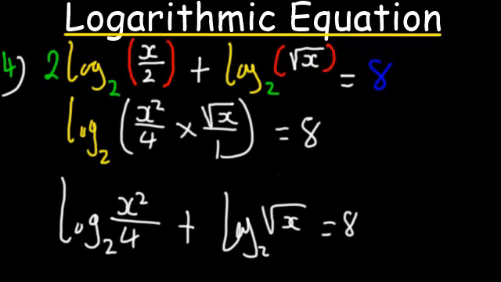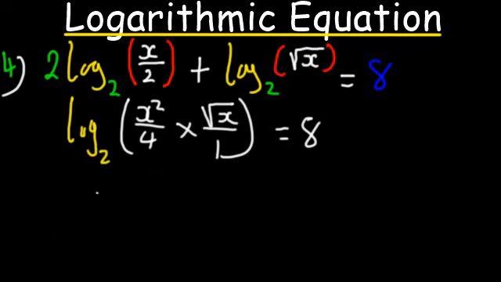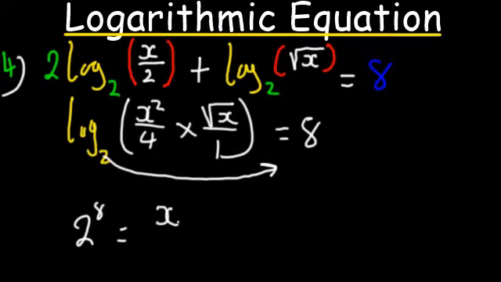Good. Now at this point we can actually apply the definition of logarithms, which says that this 2 is allowed to be raised to this 8. So 2 to the power of 8 is indeed equals to x squared divided by 4, then multiplied by square root of x, all divided by 1.